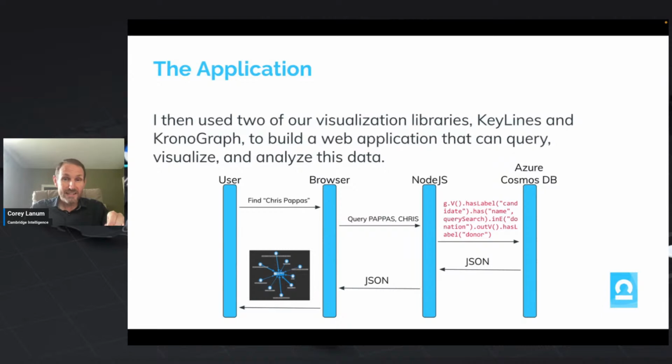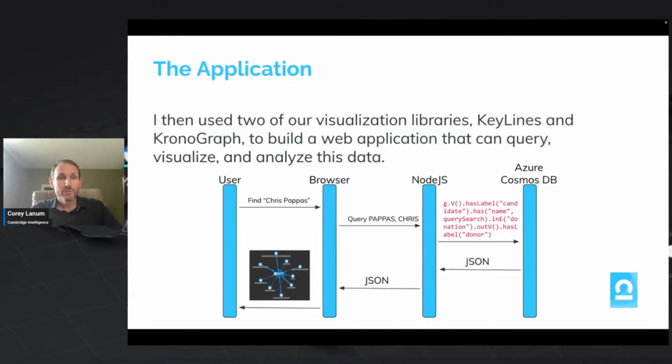Now, the way I chose to do this, there's a bunch of different architectures that would work, is the application's hosted with Node.js. The browser is then saying, here's the name of what the user is looking for, but I'm not actually having the browser create the Gremlin, because that opens yourself up to some security flaws, where I could just open up the JavaScript console and start typing in my own Gremlin, and potentially I'll get into all kinds of trouble there.